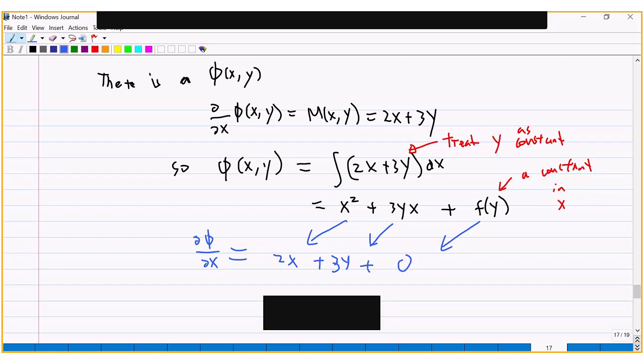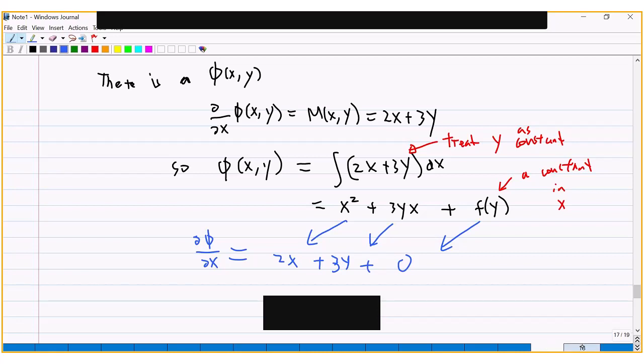So this is using the M part. There is missing information because we only used the M part to find this. How about the other one? Let's try the other one now.